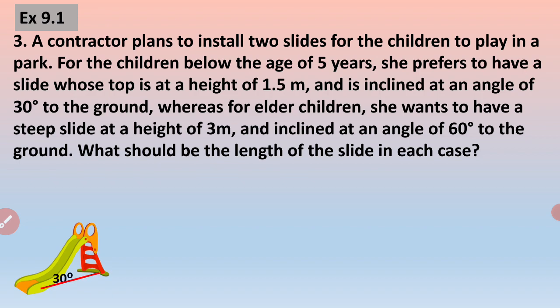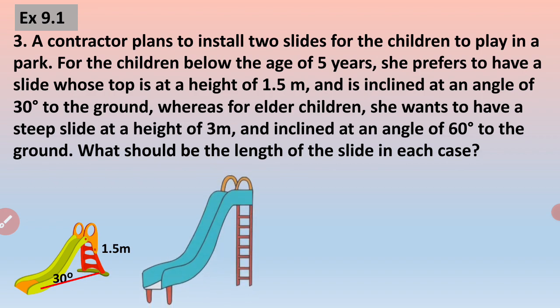So the angle here is 30 degree for the slide which is made for children below the age of 5 years. And the height here is given to be 1.5 meter.